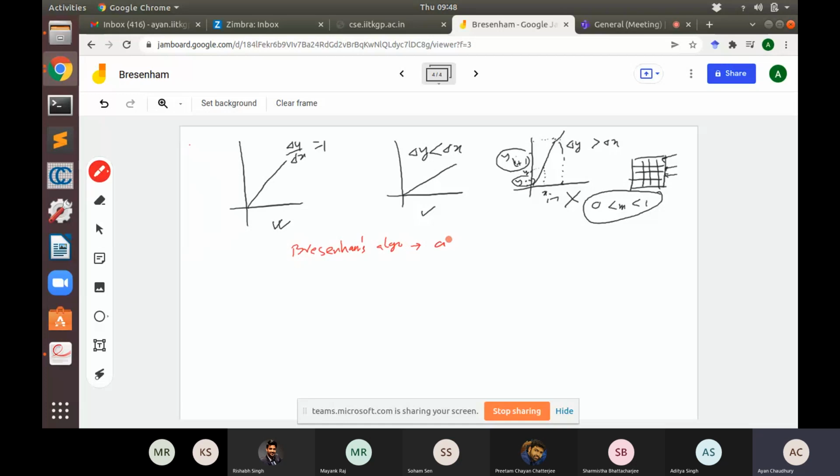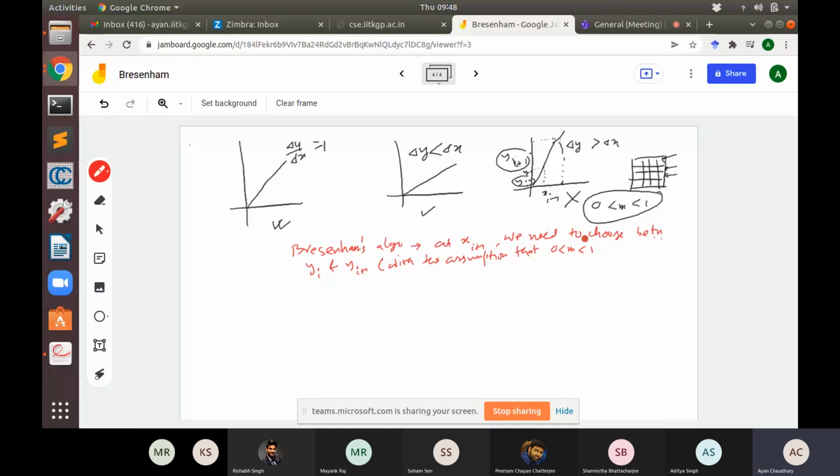is that at xi plus 1, we need to choose between yi and yi plus 1, with the assumption that m is between 0 and 1, because we are considering this type of case only.